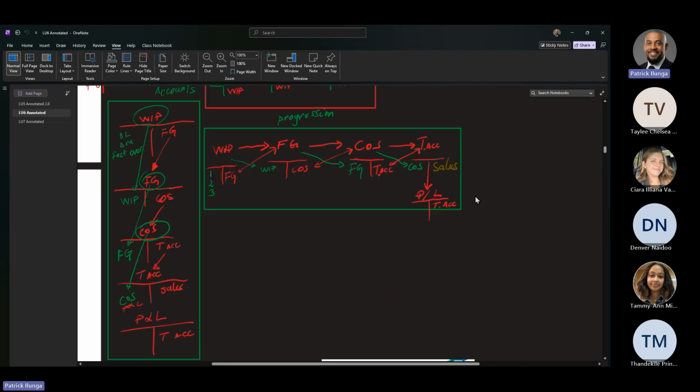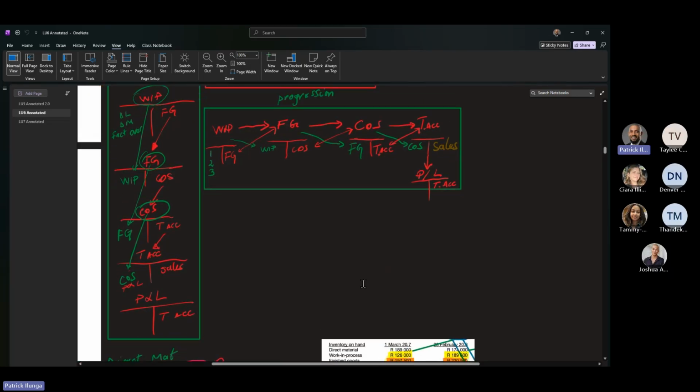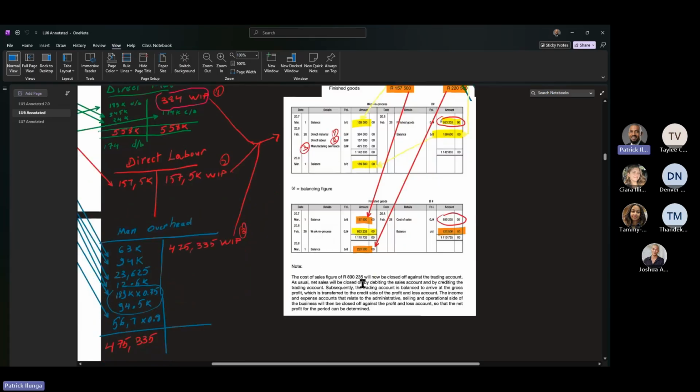When I was presenting, it didn't work out quite well, but it's the same principle, because what comes out of this will also go to the cost of sales. So please look at this ledger. That's the reason why you need to do an example to be able to see.